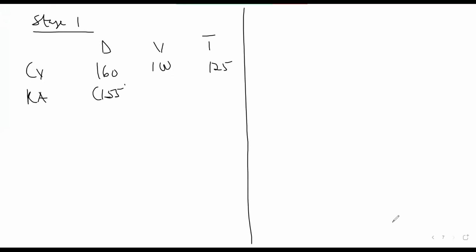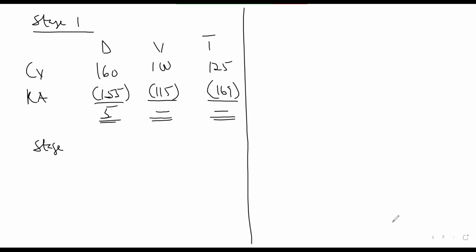Then 115, and 169. Which of these assets is now impairing? The first one. Okay. So there is an impairment of 5 on the Denu. Okay. So we move on to stage 2.